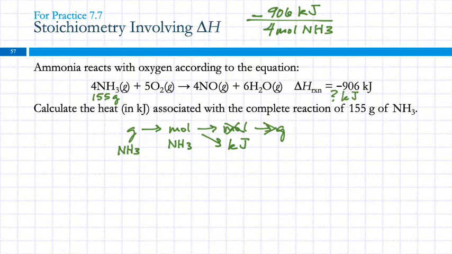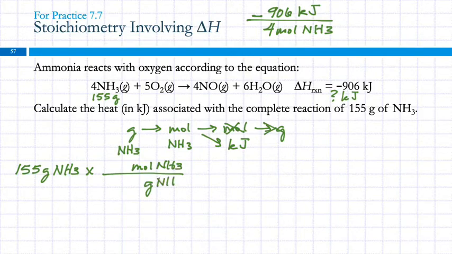So I'm going to start with my grams of ammonia, and I'm going to convert to moles of ammonia. And I've got grams of ammonia down there, so those units cancel out. And then I'm going to use that heat of reaction term.